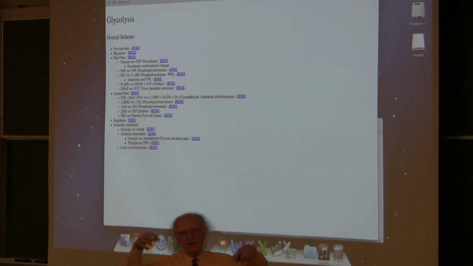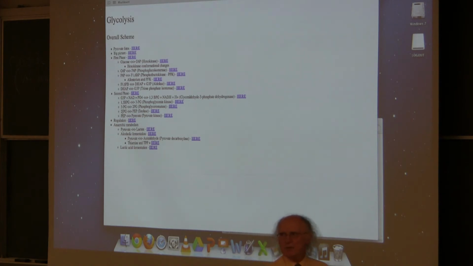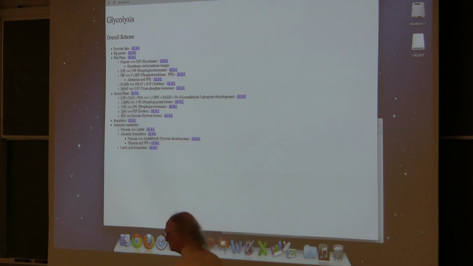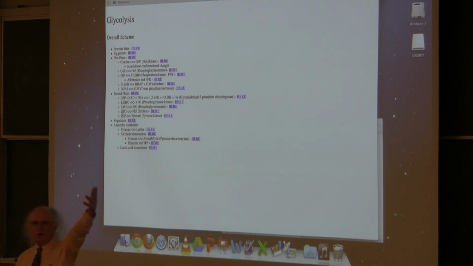So we're getting ready to talk about the process of metabolism. And the process of metabolism, people draw analogies to highways. To highways. Metabolism means that molecule A is converted into molecule B. And molecule B is converted into molecule C. And molecule C is converted into molecule D, etc., etc.